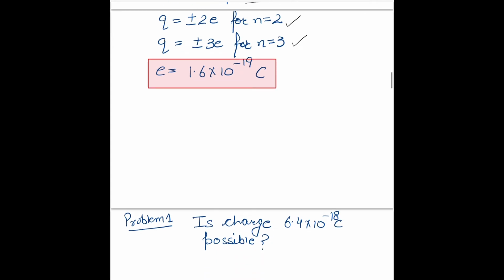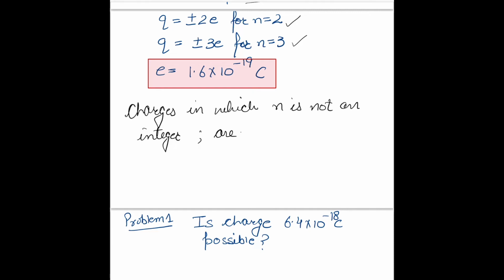So from here we can say that the charges in which N is not an integer are not possible, right?